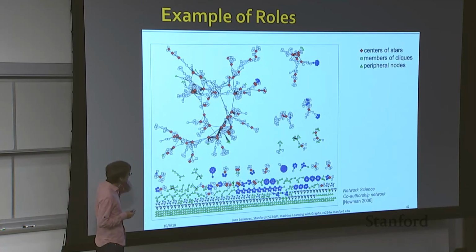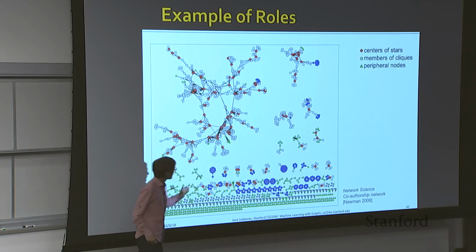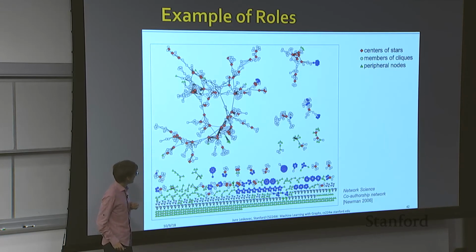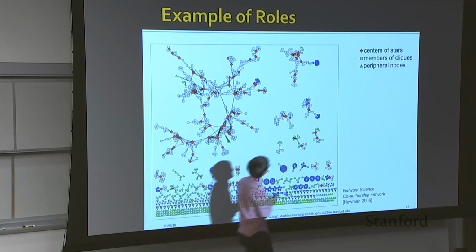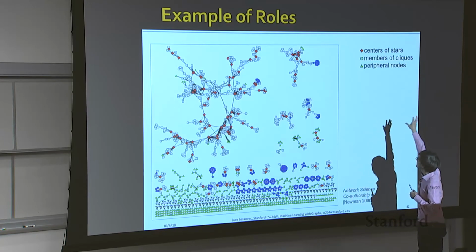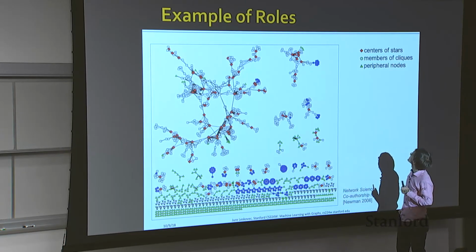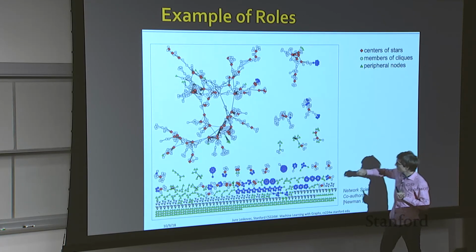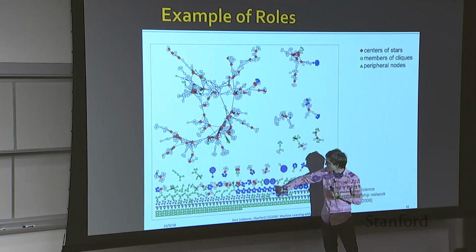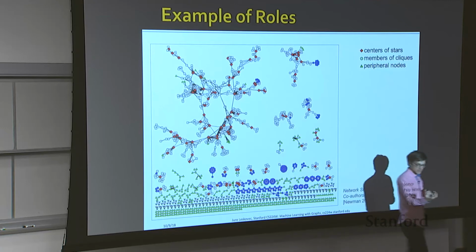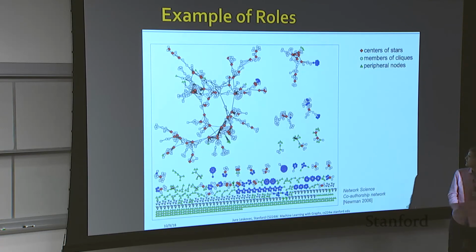Here is a graph where nodes are colored based on different roles, and the descriptions of the roles are up here. For example, red nodes are centers of the stars. Circular nodes, these blue ones here, are members of the cliques. These are nodes that are all fully connected with each other.